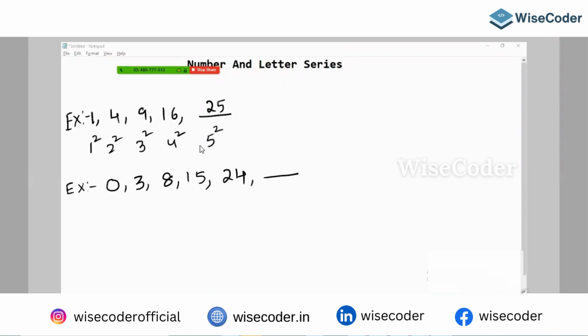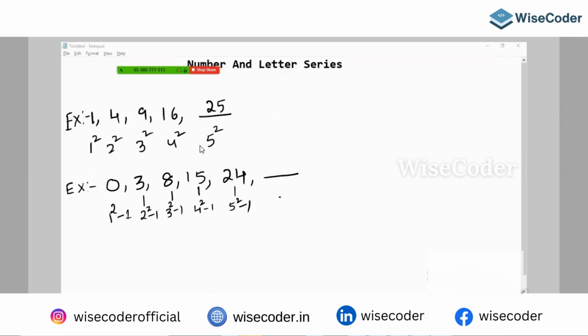I hope you paused the video and answered it. Guys, if you look here, there is no obvious connection with squares or cubes. But if you closely observe, 0 I can write as 1 square minus 1. 3 I can write as 2 square minus 1. 8 as 3 square minus 1. 15 as 4 square minus 1. 24 as 5 square minus 1.